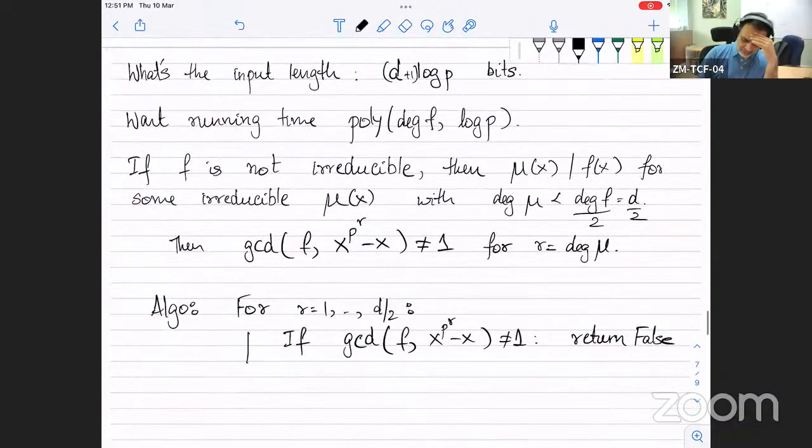Else return true. Okay, is the correctness clear?